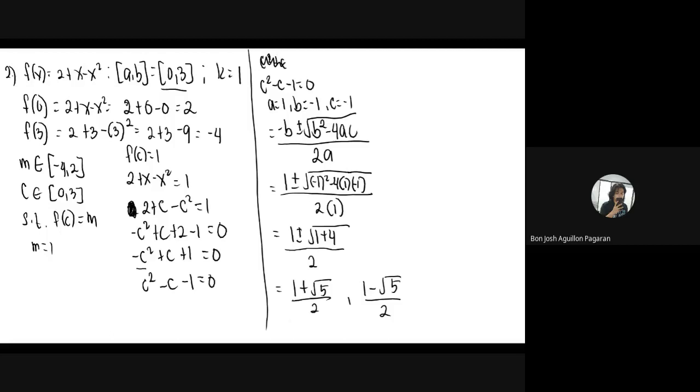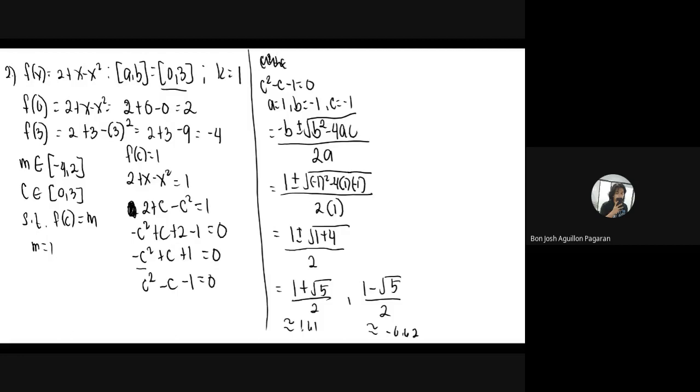Because this one is approximately 1.61, and this other one is approximately negative 0.62. So, we don't have a negative 0. I think you are just estimating.